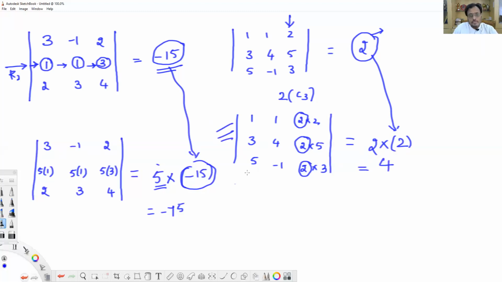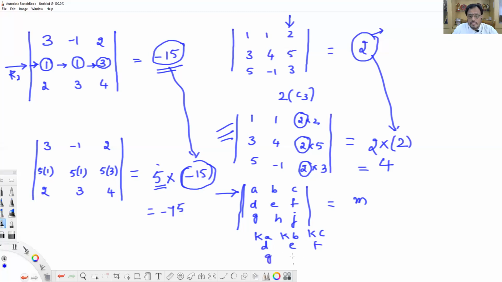Now the final example I am going to take. Suppose the determinant has rows A, B, C; D, E, F; G, H, J. Say the value of this determinant is M. Now I multiply the first row by the constant K. Every element of the first row is multiplied by K, so we get Ka, Kb, Kc; D, E, F; G, H, J. What is the value of this determinant?